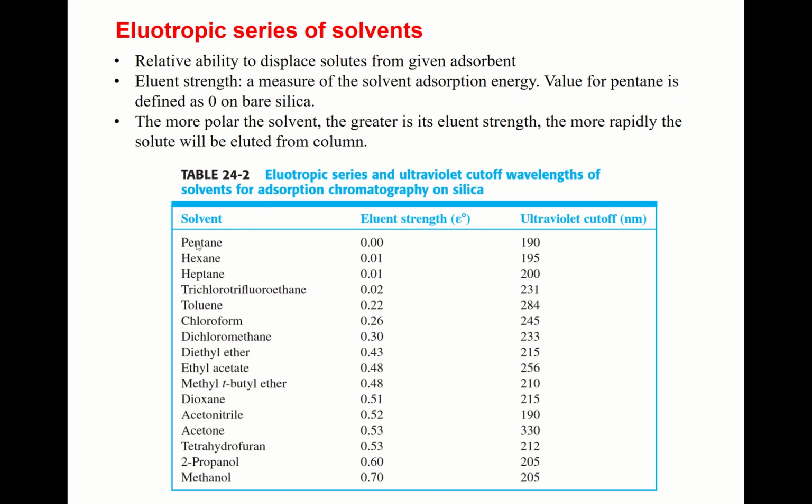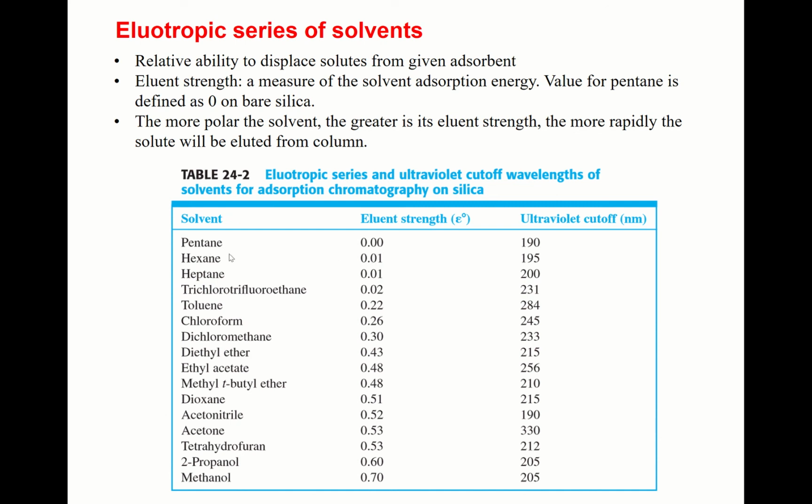Look at that: the first column is the solvent, pentane, hexane. These solvents are used in HPLC, and the eluent strength epsilon 0 is arbitrarily assigned as 0 for pentane.